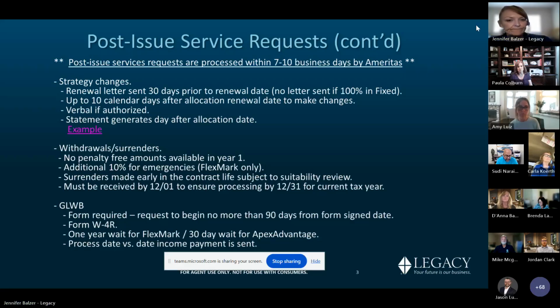Good point. We can also let the client know when they get the program, hey, in a year's time, we're going to have those 10 days from this date. So they'll have a year of notice, basically.